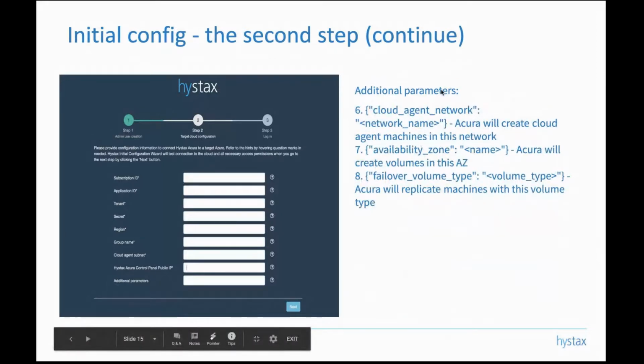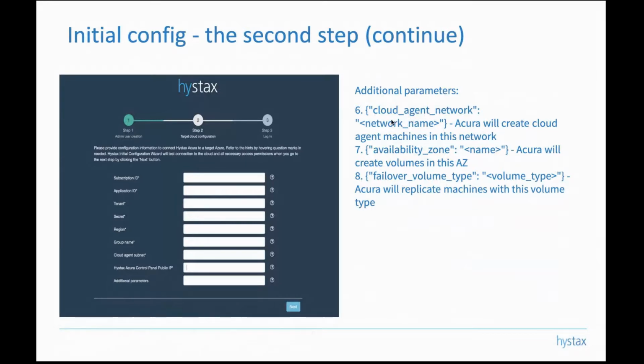And not so much is left here. Cloud Agent network, but that can be overwritten. Some availability zones may be set right from these parameters, or the failover volume type, as is done for Cloud Agent volume type.